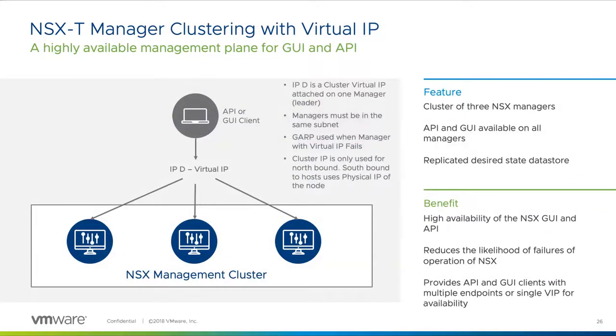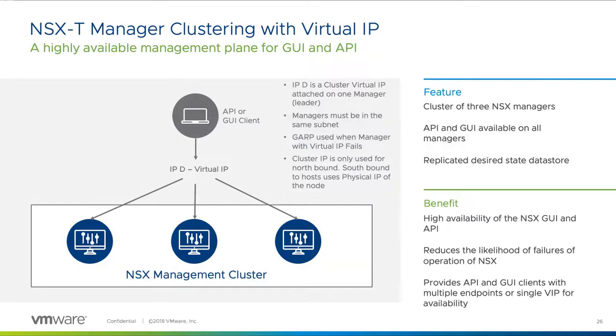Right. And then as part of the cluster setup, if all three of these managers are in the same subnet, you can turn on within NSX itself a virtual IP that will balance the load between the three, and that way it ensures availability so that not one of the managers gets overloaded by the other.